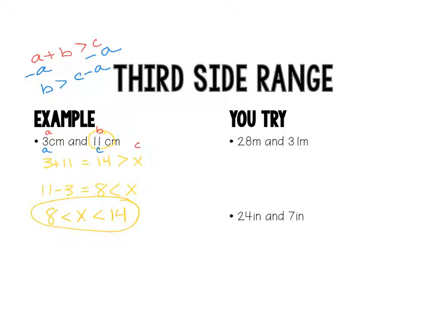So here, if I assume that these are my smallest sides, that's 28 plus 31, which is 59. So x has to be less than 59. If I assume that 31 is the biggest side, then I know that x has to be greater than 3. So my inequality would be that x has to be greater than 3, but less than 59.